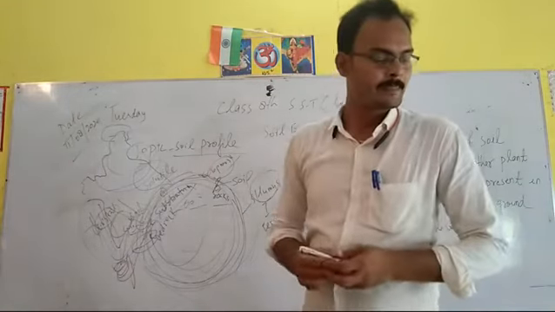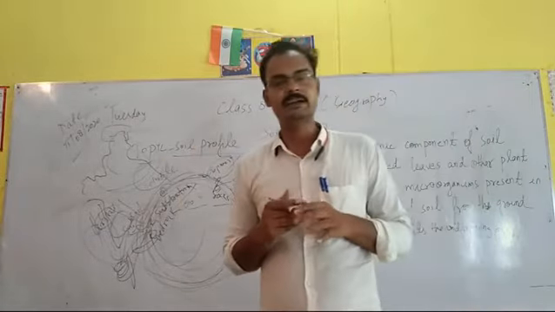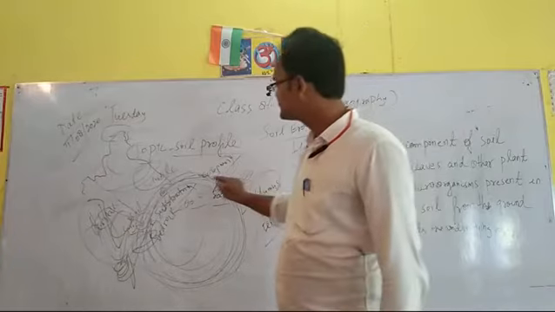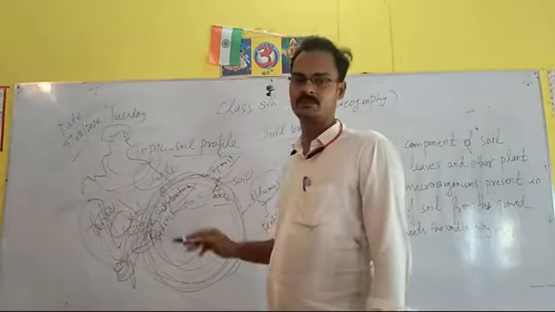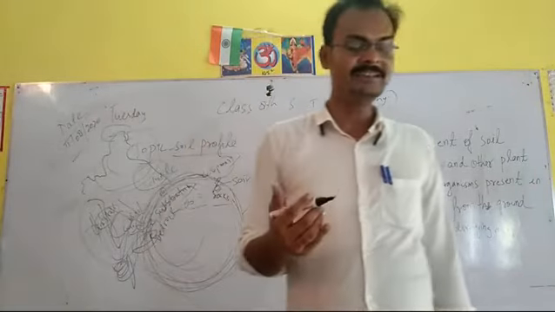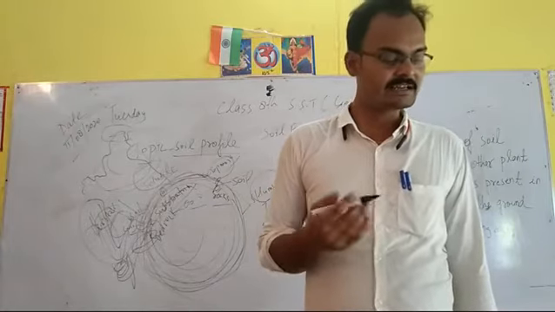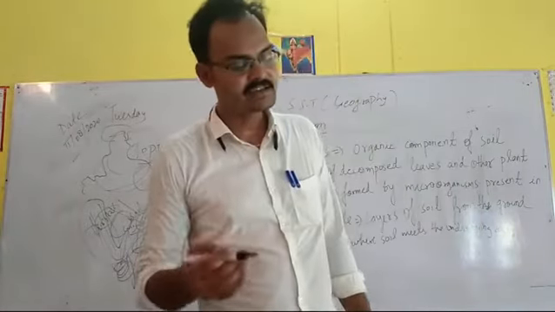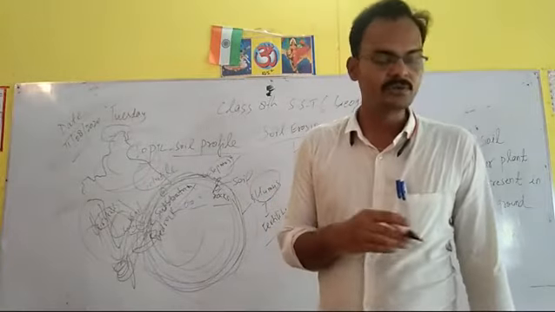Very important. Soil erosion refers to the removal of topsoil by running water and wind. So this topmost part of soil, that is topsoil, if it is removed by some reason like water and wind, since this layer contains humus and certain other nutrients, its depletion makes the soil infertile.